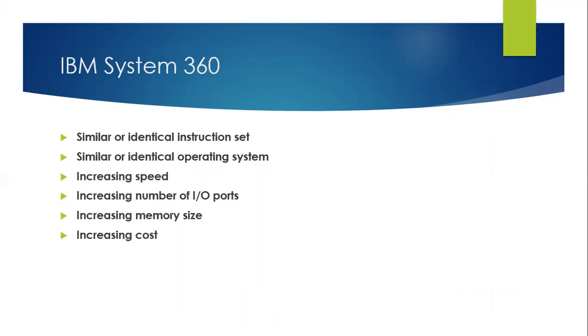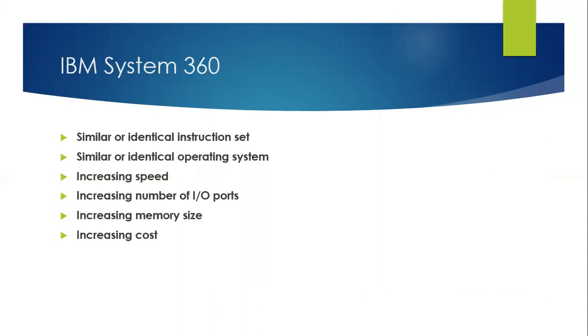This IBM system was created so that it is like a family of computers. Some configurations were different, but the overall operating system was the same and the instruction set was identical.